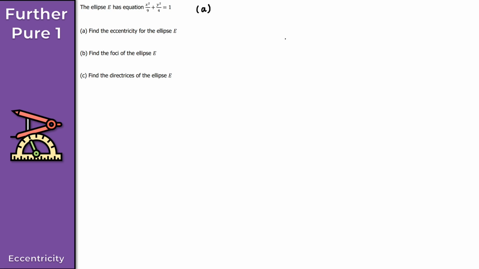For an ellipse, the eccentricity is calculated as follows: b squared is equal to a squared times 1 minus e squared. Here b squared is 4 and a squared is 9, so we get 4 is equal to 9 times 1 minus e squared.